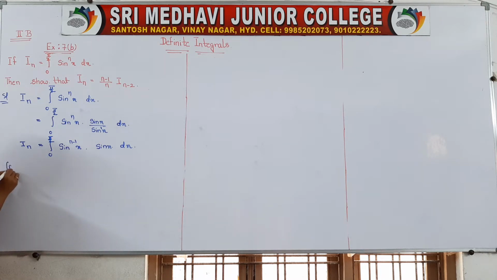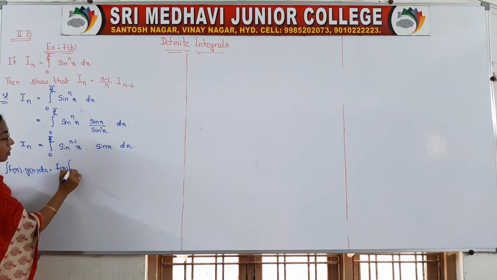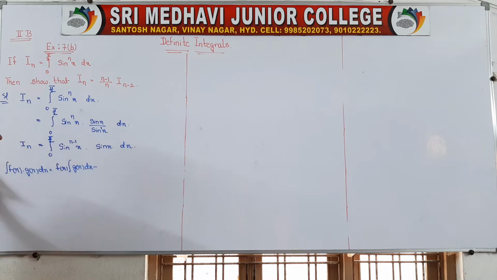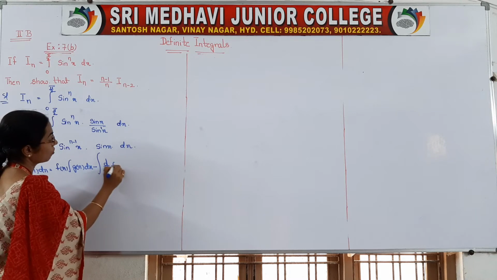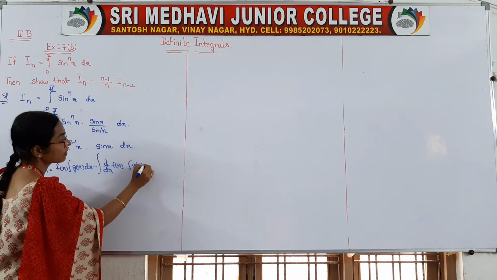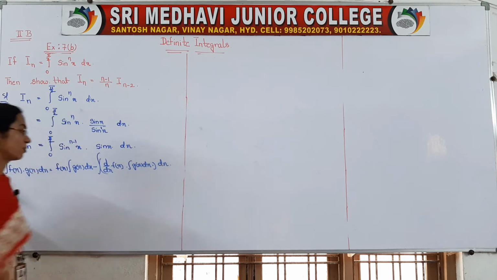So integral f of x into g of x dx is equal to, come on, how we will take? It is f of x into integral g of x dx minus a big integral d by dx of f of x into integral g of x dx, whole dx, right?